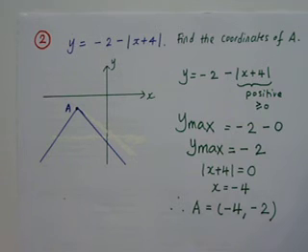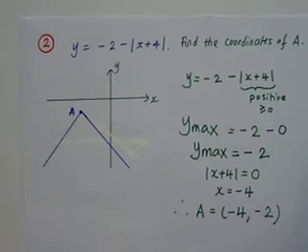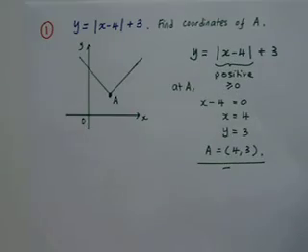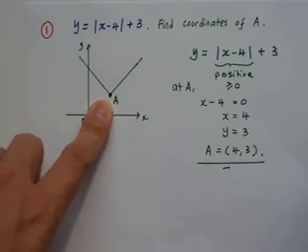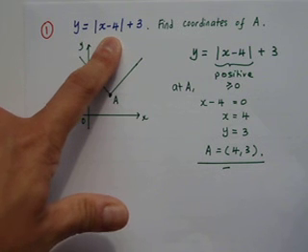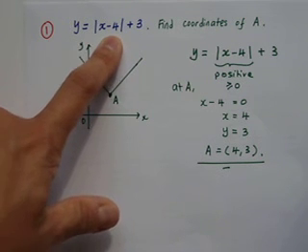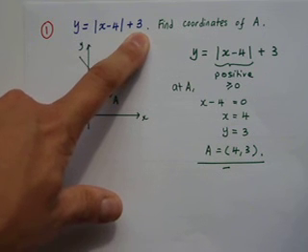So I hope after these two examples, you are quite clear as to how to find the coordinates of the highest value here or the lowest value here. It is to let this modulus sign equal 0, and this is the y coordinate.